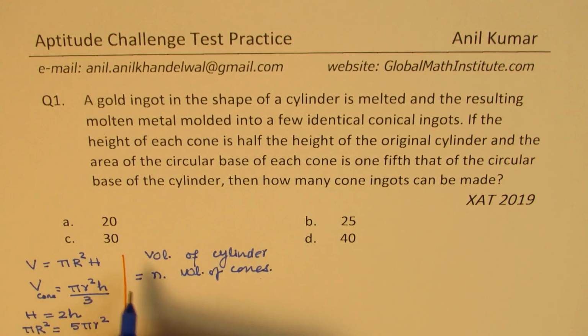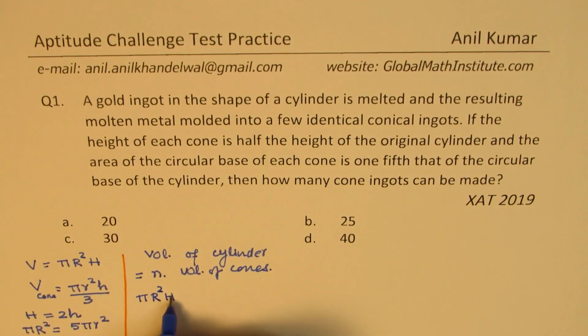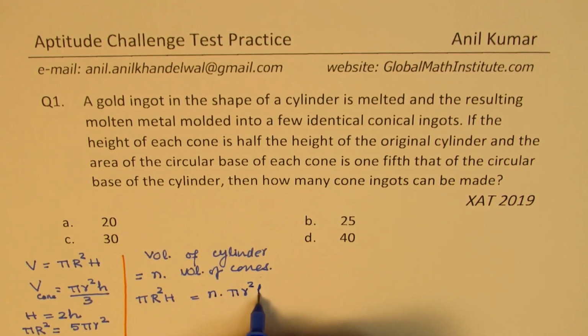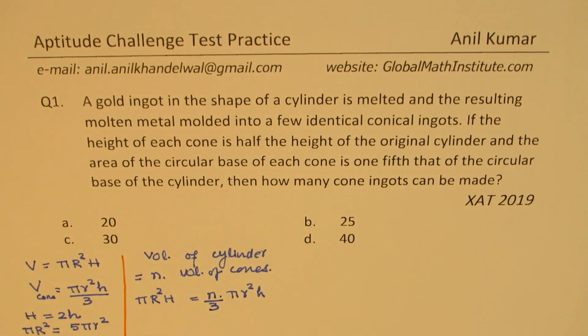So volume of cylinder here is pi r square h, and the volume of cone is n times pi r square h divided by 3. Is that clear? This is what it is. We need to find the value of n.